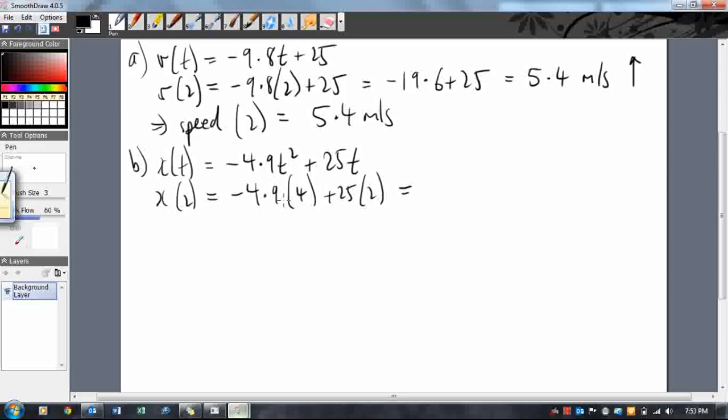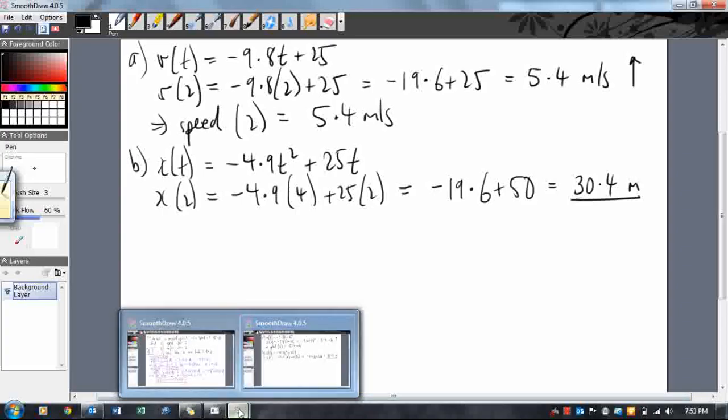That's negative 19.6 plus 50, which is 30.4 meters. So after 2 seconds, it's got a height of 30.4.